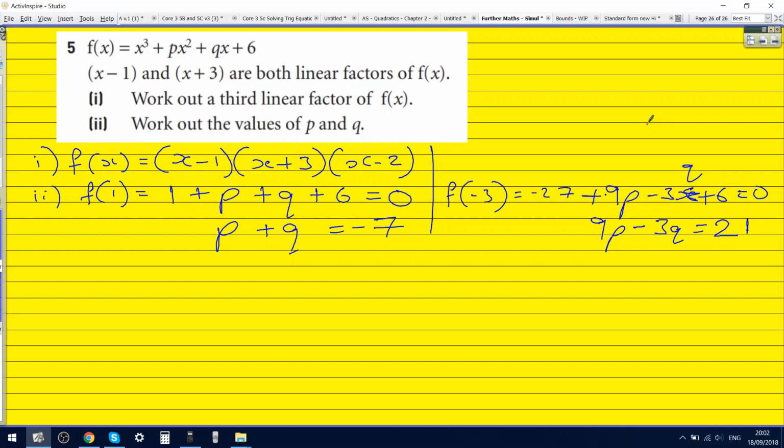I think it's 19. Oh, 19. Because 27. Oh no, it's 21. Sorry, yeah. Okay. And then it's simultaneous equations. Yes. 9p minus 3q equals 21, and p plus q equals minus 7. And any way you like, you can solve it. That will find p and q.